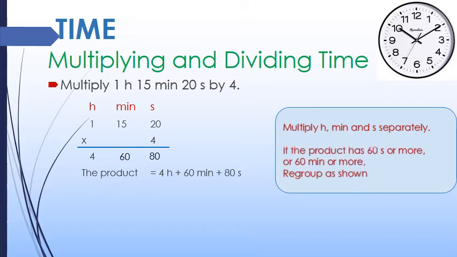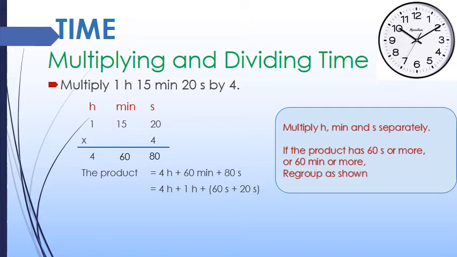Now children, if the product has 60 seconds or more, or 60 minutes or more, we will do regrouping as shown. 60 minutes is equal to 1 hour. So we will write 1 hour plus 80 seconds, which is equal to 60 seconds plus 20 seconds.